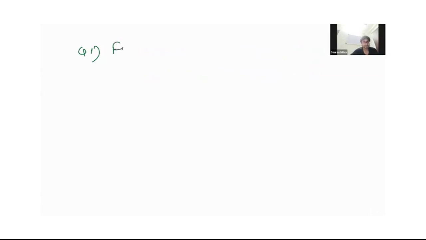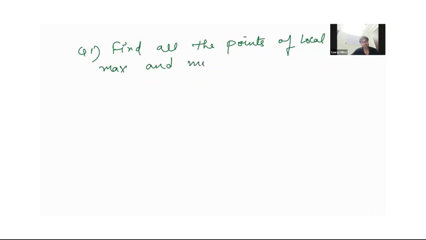So find all the points of local max and minima of the function f of x equals x cube minus 6x square plus 9x minus 8.